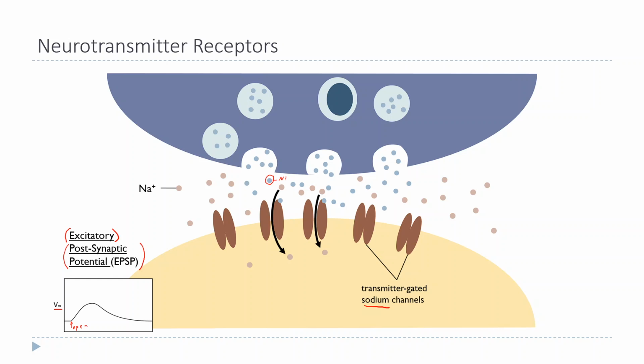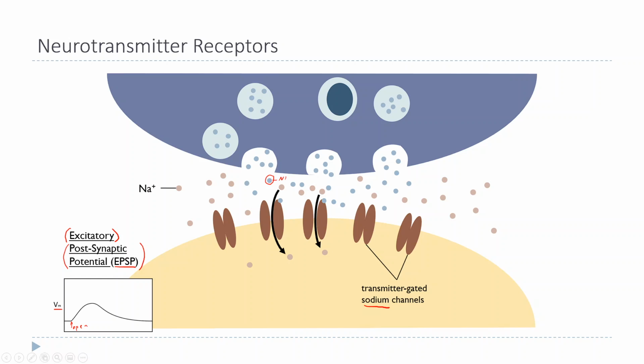So if the postsynaptic cell is a neuron or a muscle cell, then this change in membrane potential would have the potential to eventually trigger an action potential in the postsynaptic cell. So that's why we call it an excitatory postsynaptic potential, or oftentimes we just abbreviate it EPSP. So when you hear EPSP, that's what it means: a depolarization in the postsynaptic cell caused by the opening of neurotransmitter gated sodium channels.